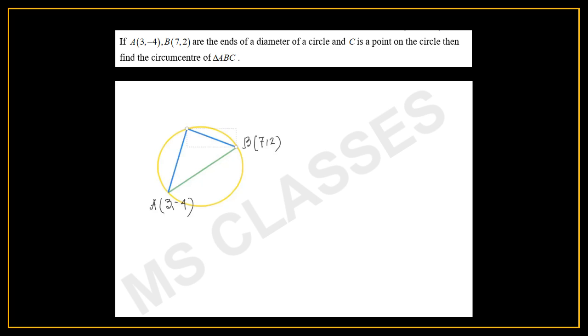So this angle should be 90. This is a semicircular angle, angle ACB equals pi by 2, and this implies that triangle ABC is a right angle triangle.